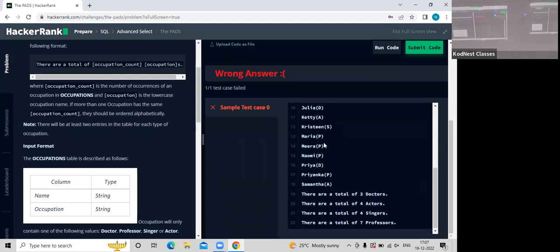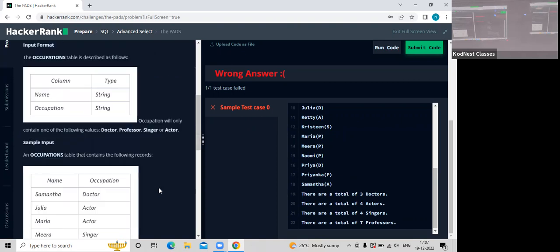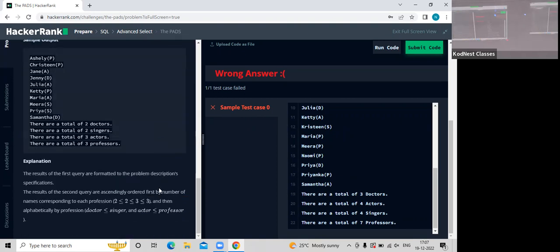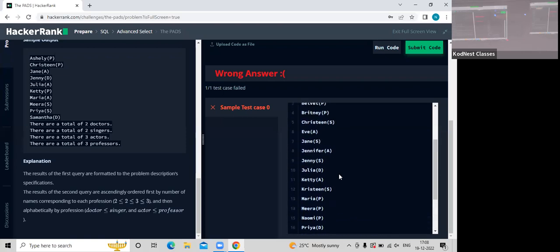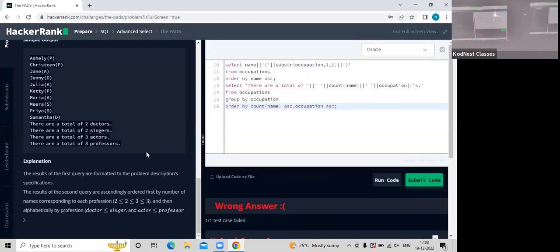Okay, we've gone wrong. What is wrong? Can you please observe and tell me? Count of occupation. There are a total of, anybody got it? What is it?